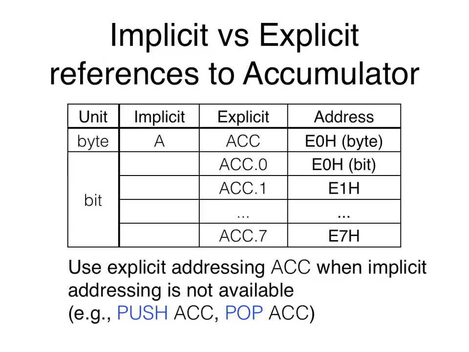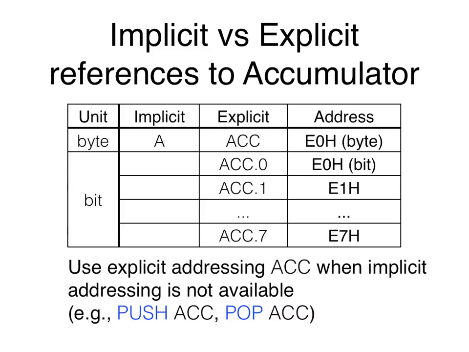And each bit of the accumulator also has an address. So you can say ACC.0, ACC.1 up to ACC.7, and those would have the bit addresses of E0, E1, E2 to E7. Okay? And so this actually can be useful sometimes.